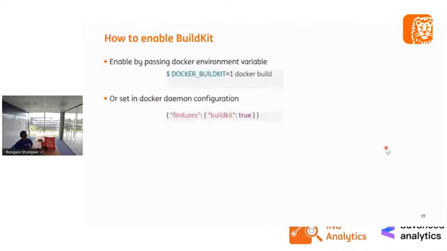So if you want to use BuildKit, how do you enable it? Well, it's quite simple. You can simply pass in the environment variable DOCKER_BUILDKIT=1 when you're running your docker build, or you can set the following configuration in your Docker daemon, and you'll have it up and running. Now, there's some new news.